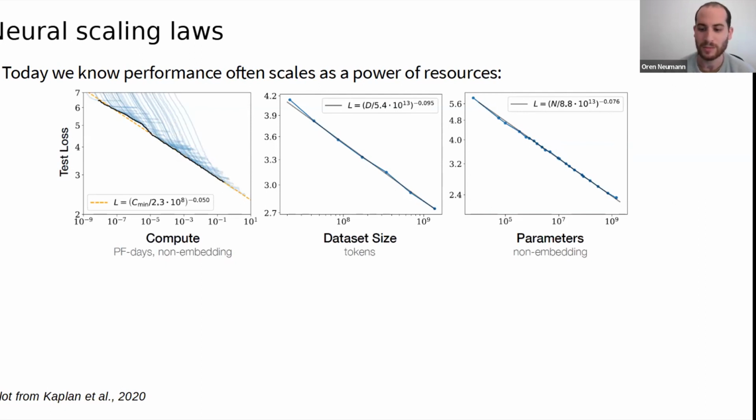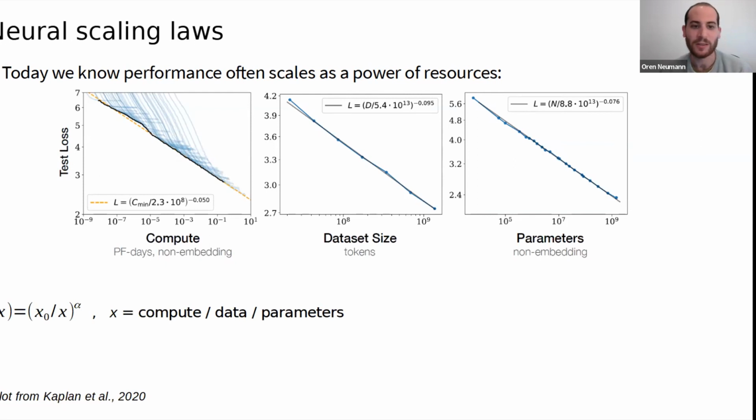The important thing here is that you can write the loss as a power of either compute, data or parameters with different exponents alpha. But these three laws are only applicable when you look at the regime of not being bottlenecked by the other two.